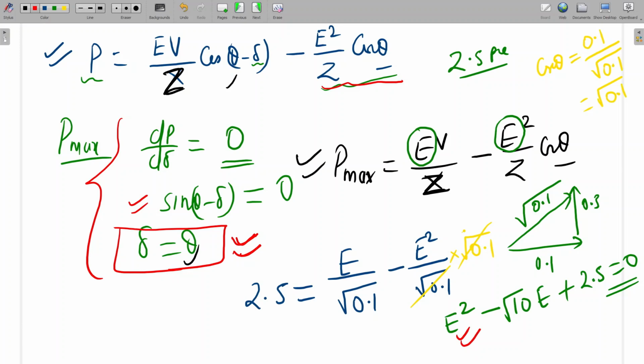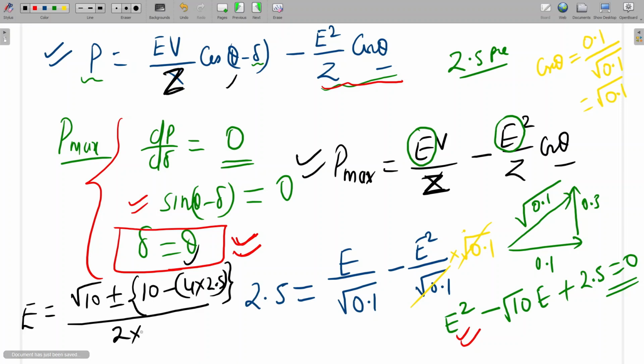Just apply the quadratic equation rule, minus b plus minus under root b square minus 4ac, divided by 2a. So E will be minus b, that is under root 10, plus minus under root b square minus 4ac, b square is under root 10 square, so 10 minus 4 into 2.5, divided by 2a, and a is 1. So 10 minus 10 will be 0. So what will be the final value?